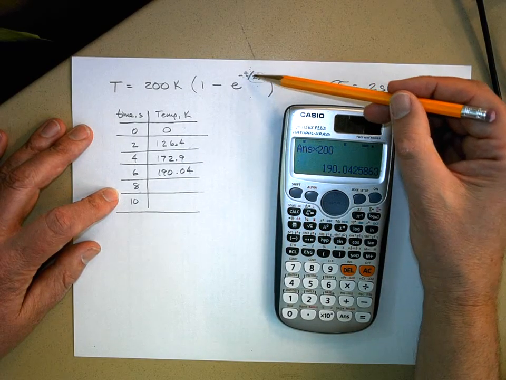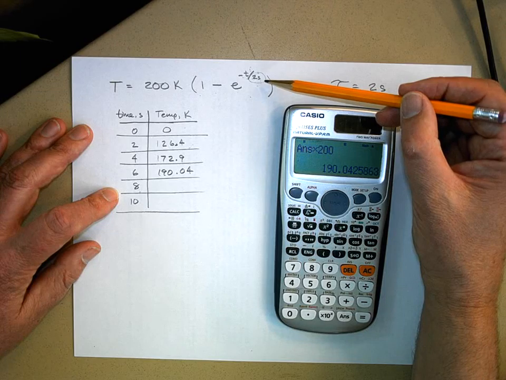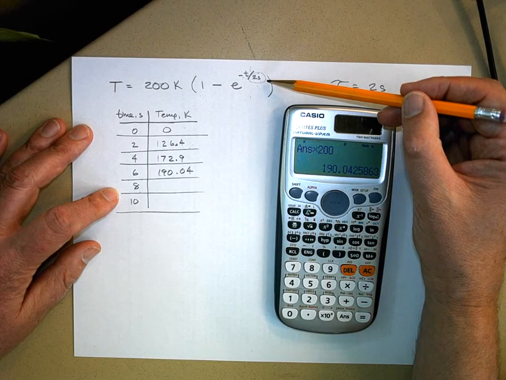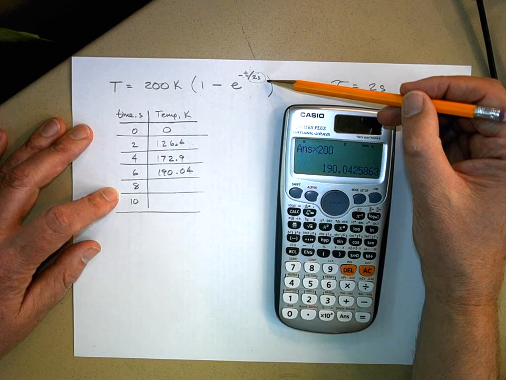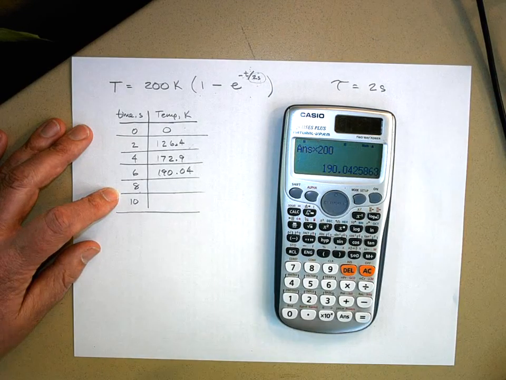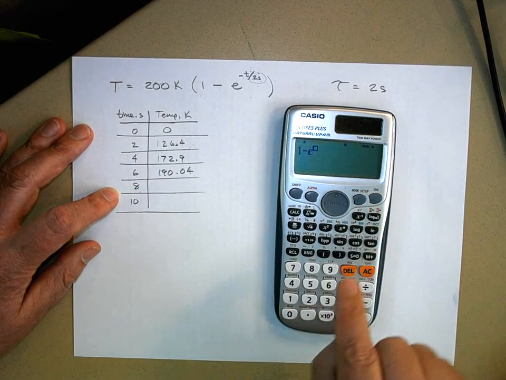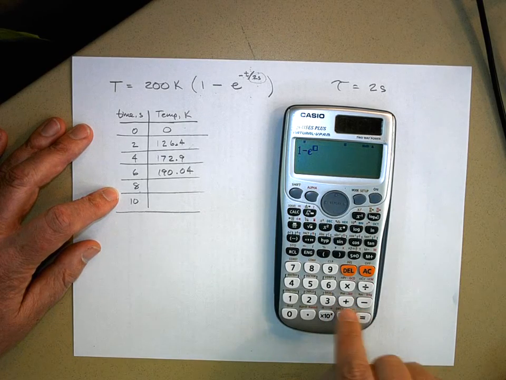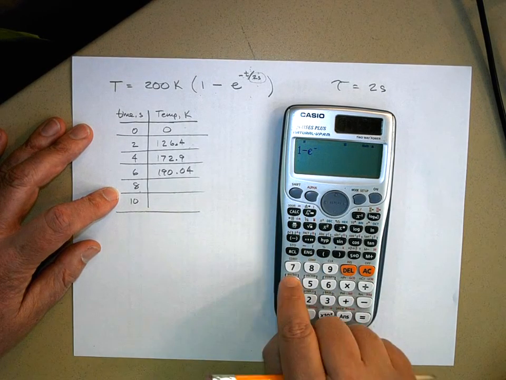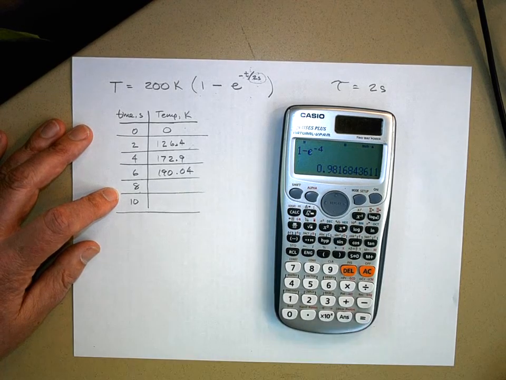Plug in t equals 8. Negative 8 seconds divided by 2 seconds is negative. What is 8 divided by 2? 4. Negative 4. Is it negative 4 seconds? No! Those seconds have been canceled out. So 1 minus e to the negative 4 equals, oh my gosh, 0.981. We're getting closer and closer to 1.